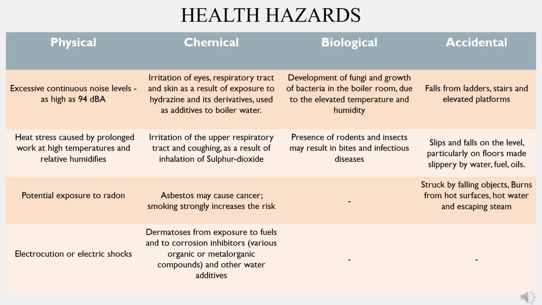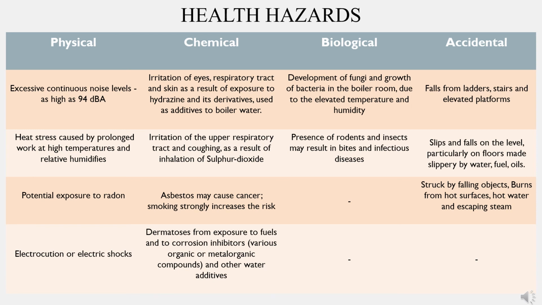There are various health hazards of working in a plant. Physical hazards include excessive continuous noise levels, heat stress due to working in a high temperature and highly humid environment, potential exposure to radon and electric shocks. Chemical hazards include irritation of eyes, respiratory tracts, and skin, asbestos, which can cause cancer, and exposure to fuels, corrosion inhibitors, and other additives, which can cause dermatoses.